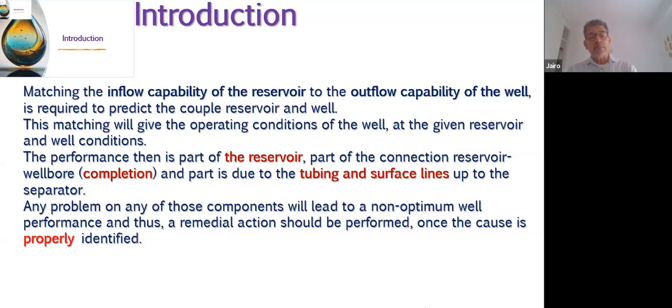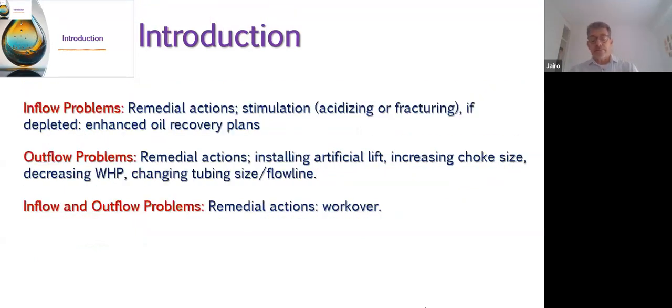In that way, part is due to the tubing and surface lines up to the separator. Any problem on those components will lead to non-optimal well performance, and we need to think of a remedial action once we identify the cause of the poor performance.